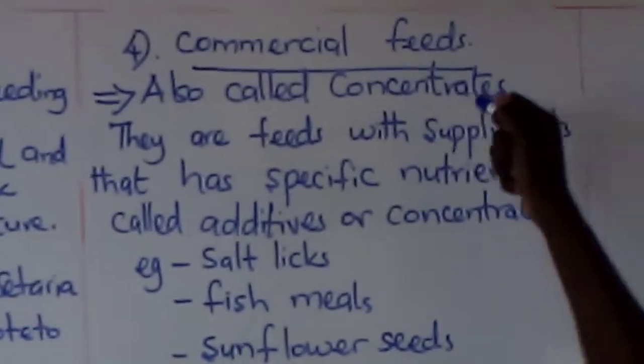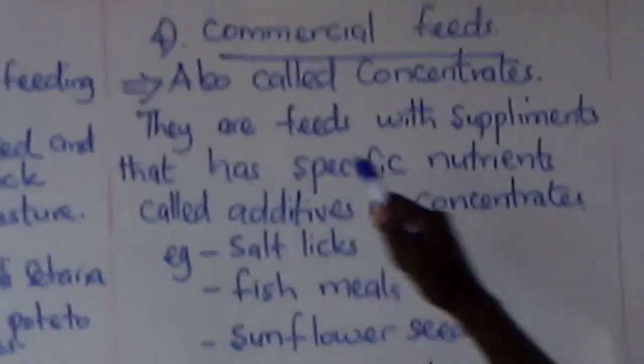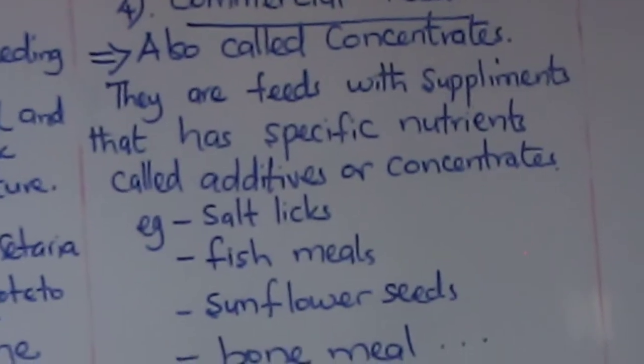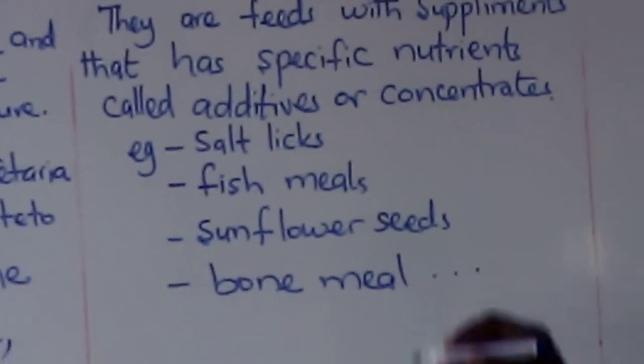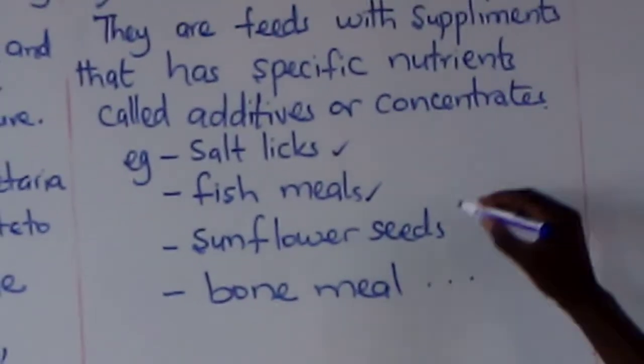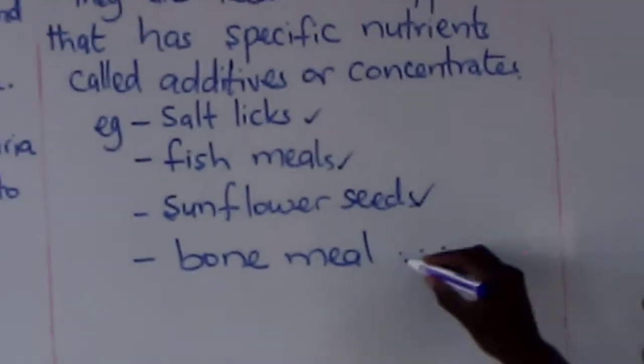That's why it's called a concentrate. These have specific nutrients for a specific age of animals. They may include salt licks, fish meals, sunflower seeds, and bone meals.